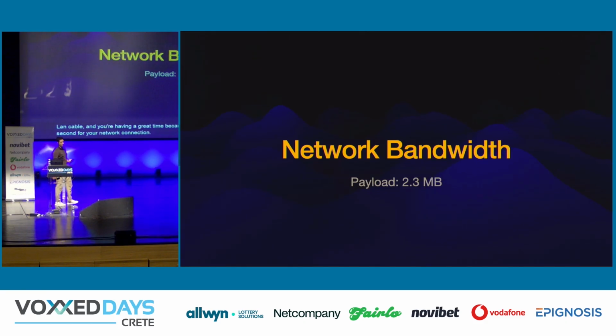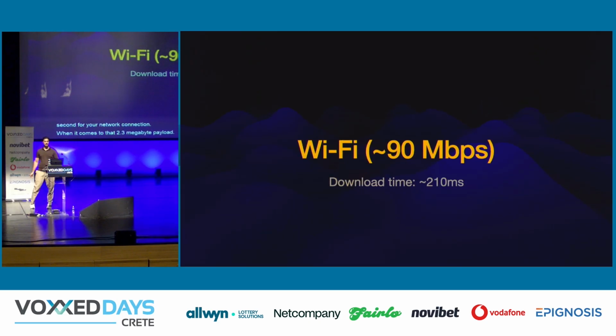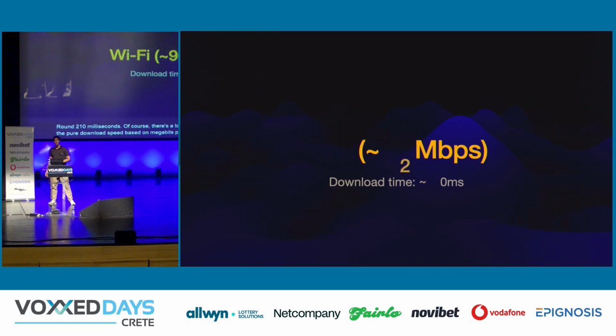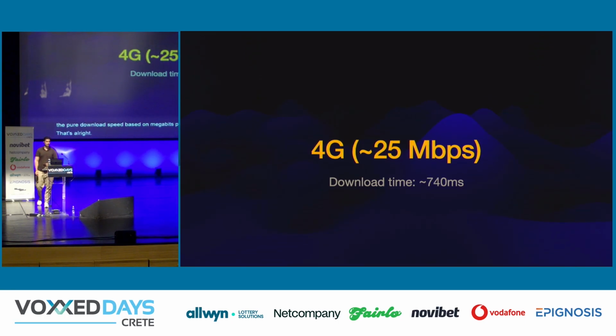When it comes to that 2.3 megabyte payload, how long does it actually take to download on a Wi-Fi connection, which is around 90 megabits per second? Around 210 milliseconds. Of course, there are a lot of variables involved, but call the pure download speed, based on megabits per second, 210. That's all right. Not all of our users are on Wi-Fi.